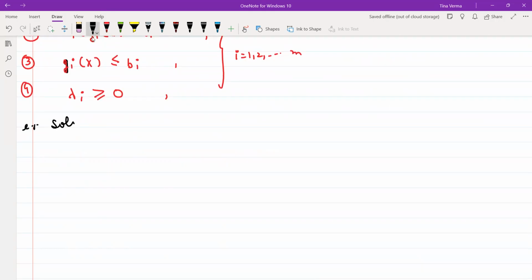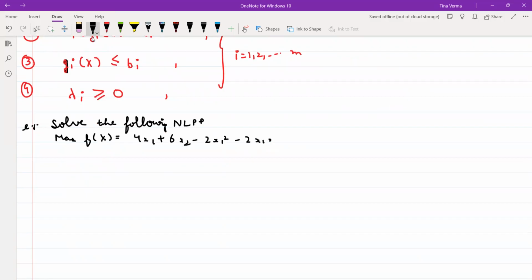Example: solve the following NLPP, which is given as maximize f of x, which is 4x1 plus 6x2 minus 2x1 square minus 2x1x2 minus 2x2 square plus 49, subject to the constraints x1 plus x2 less than or equal to 2, and x1 and x2 are both greater than or equal to 0. So you can see here x consists of 2 variables.